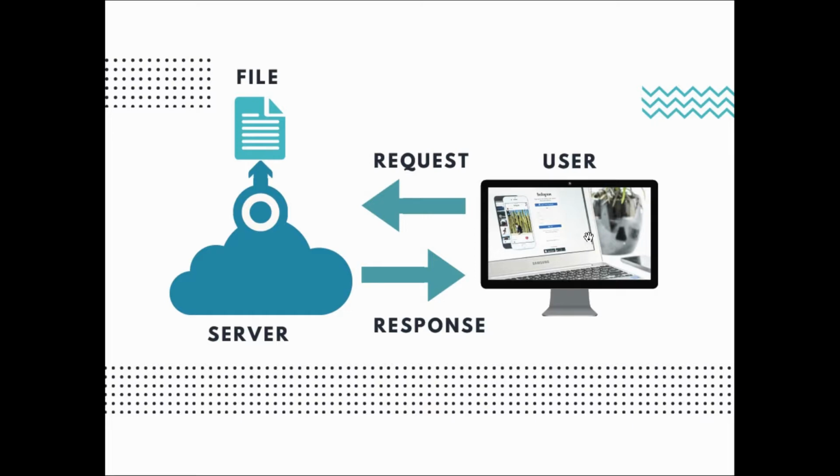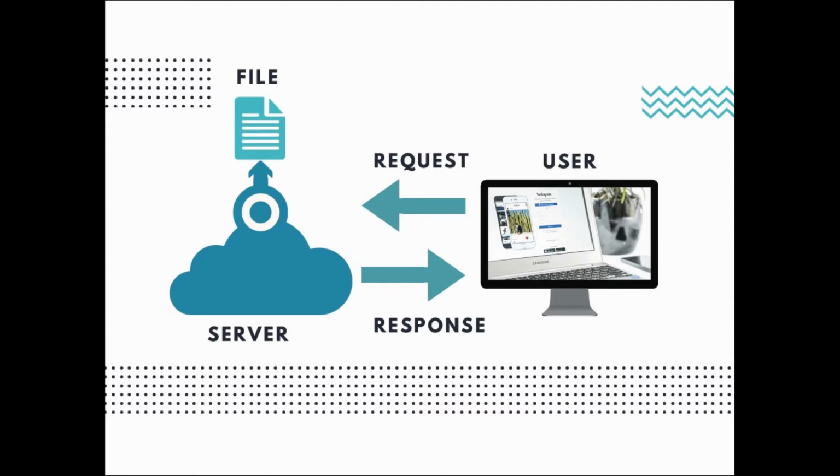So the user will send a request that will go to the server. The server will fetch a certain file, an HTML file, and pictures, and then the server will give a response back to the user. The browser will take this response, kind of unwrap it, understand it, and then draw the content of this HTML into our web page, into our computer.